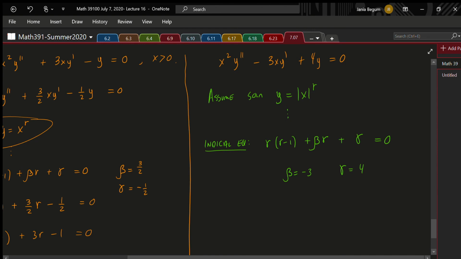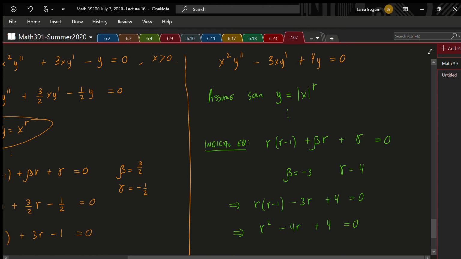Okay, let's plug them in. So that means we have r times (r minus 1) minus 3r plus 4 equals 0. And then it's a polynomial. We can find roots to this. We get r squared minus r, and then minus 3r, that's minus 4r plus 4 equals 0.